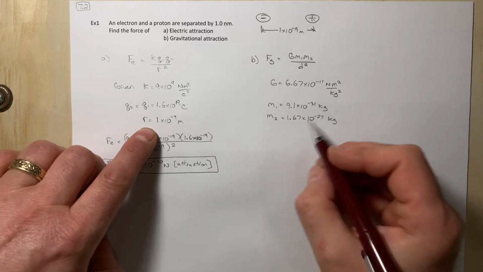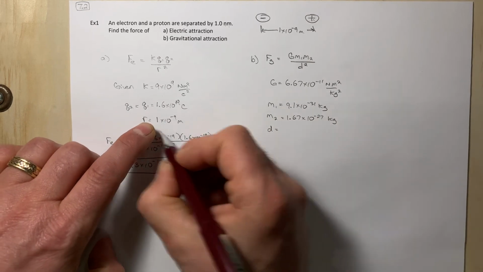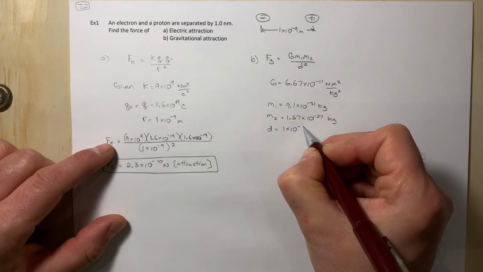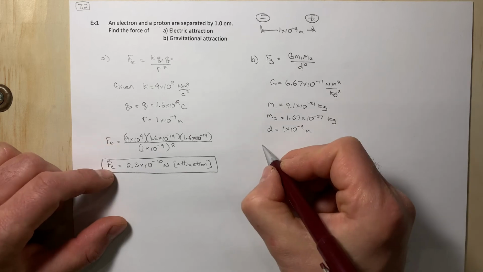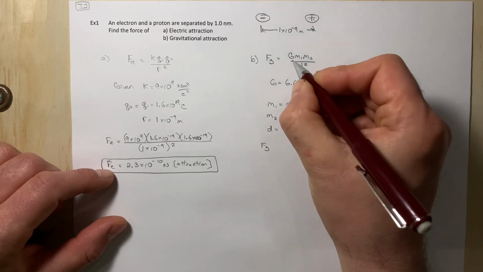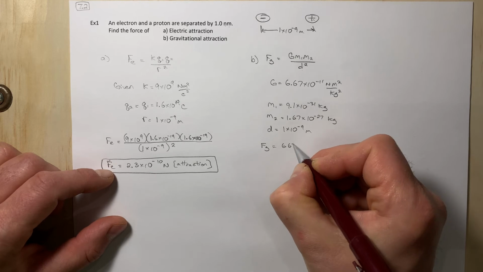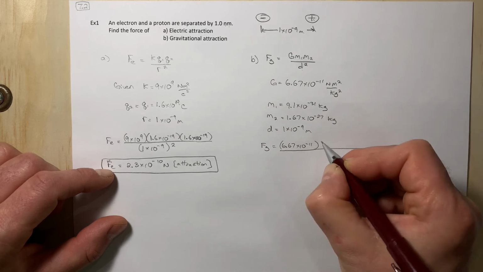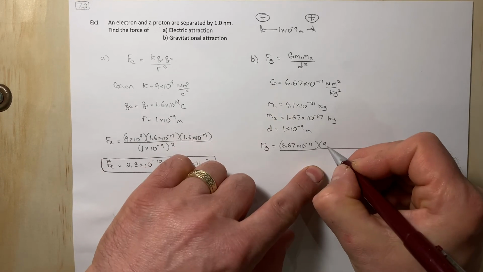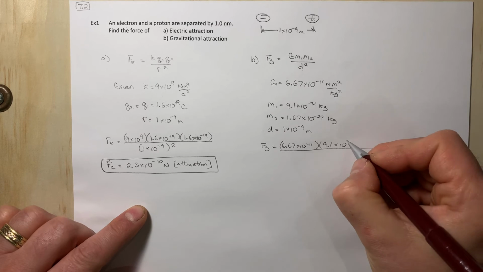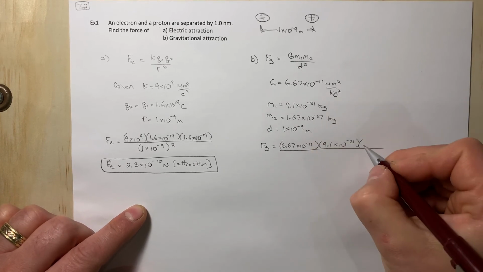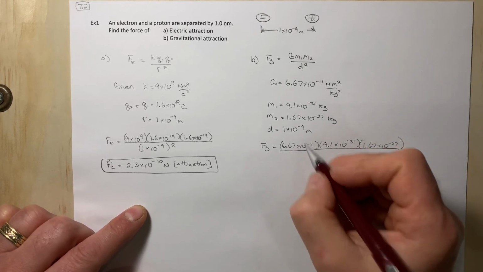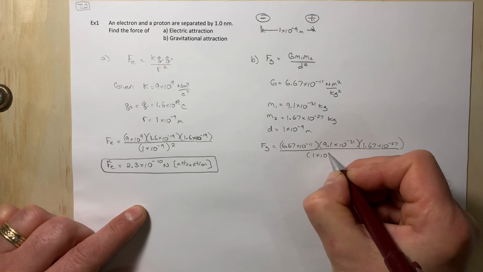Distance between them, same distance that we had before. Sometimes you'll see it written as an R, sometimes as a D. Doesn't matter. Same idea. We're going to sub into this. So FG is G, 6.67 times 10 to the minus 11, mass 1, 9.1 times 10 to the minus 31, mass 2, and the distance between their centers.